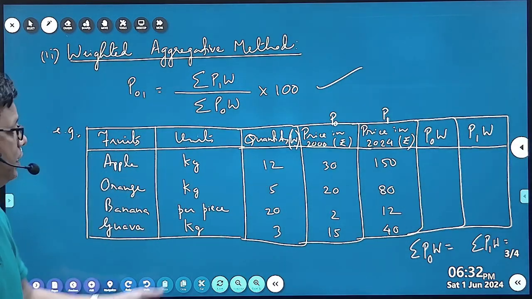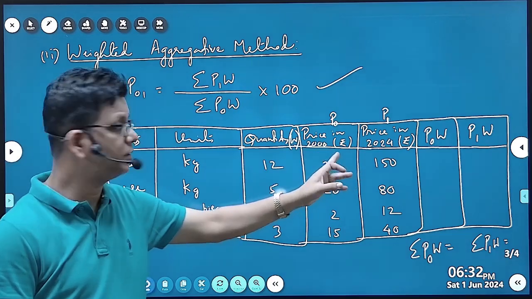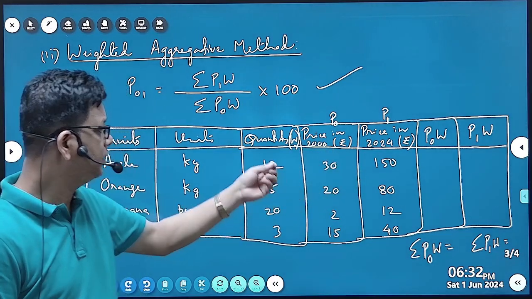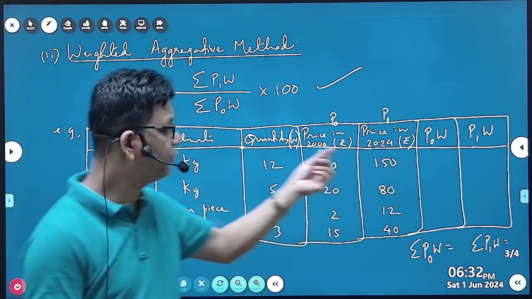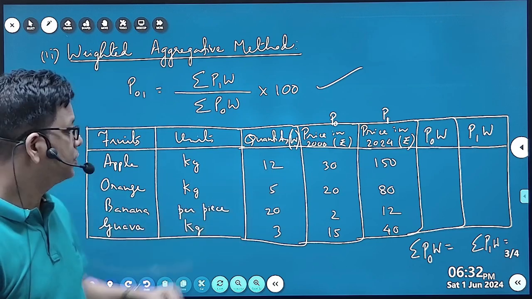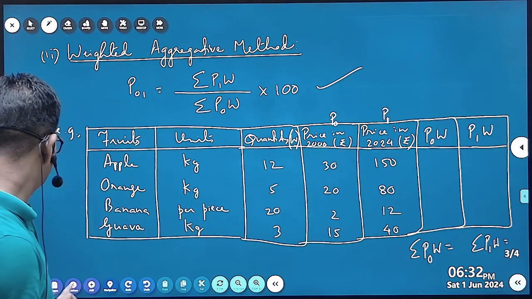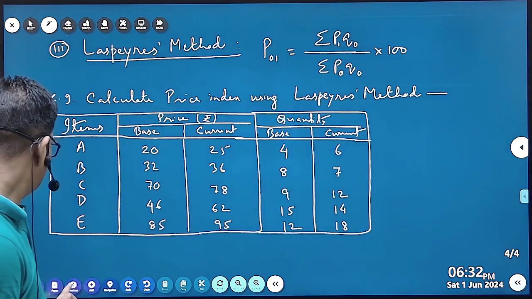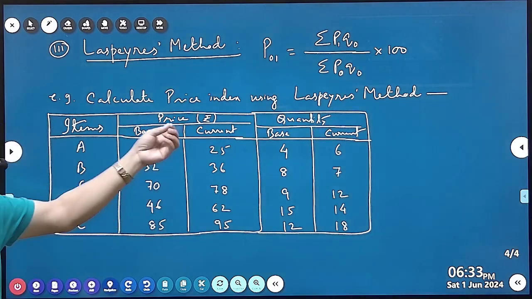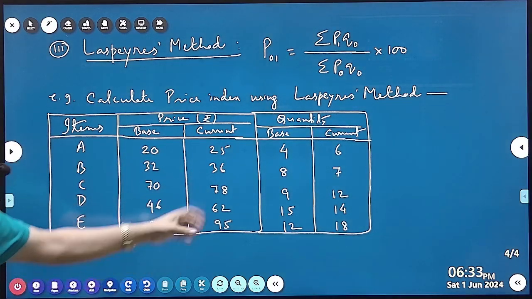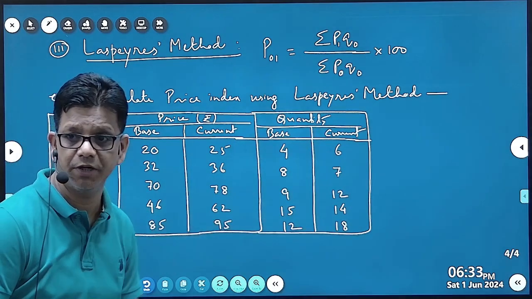In 2000, 12 kg was bought, and in 2024 again 12 kg was bought. Now the quantities are also different, so base price and current price are different, and even the quantities are bought differently.